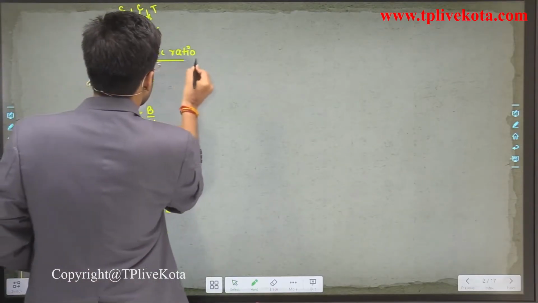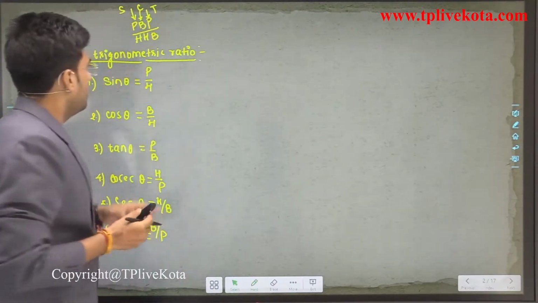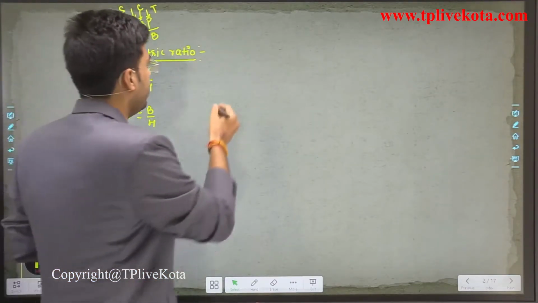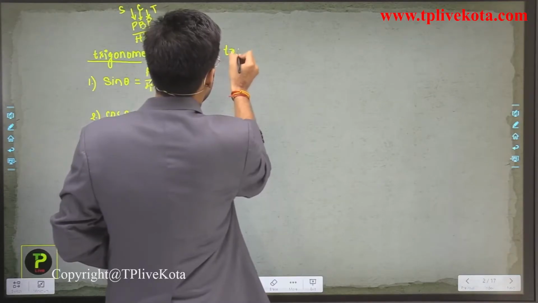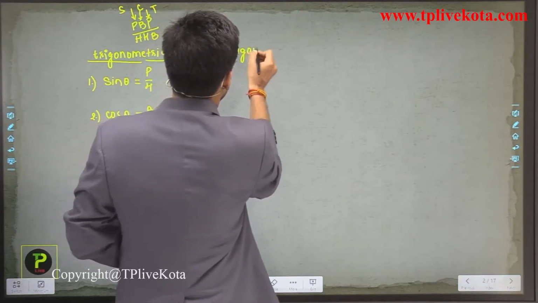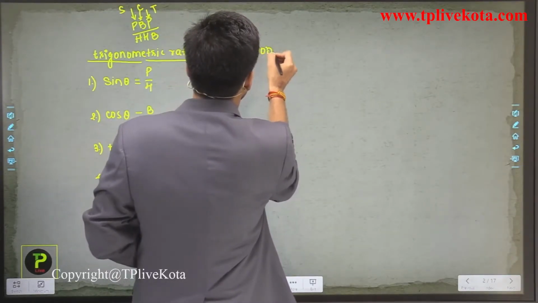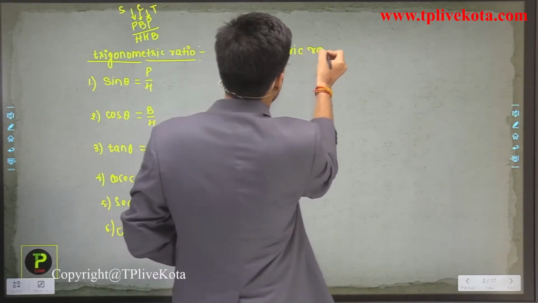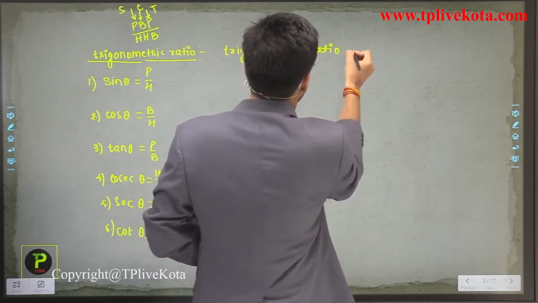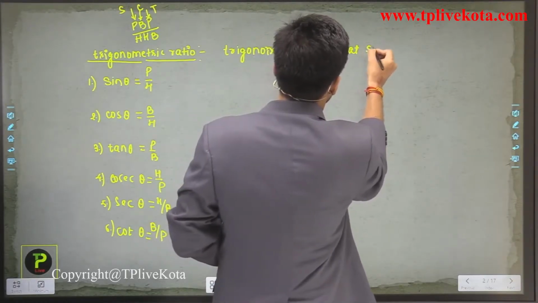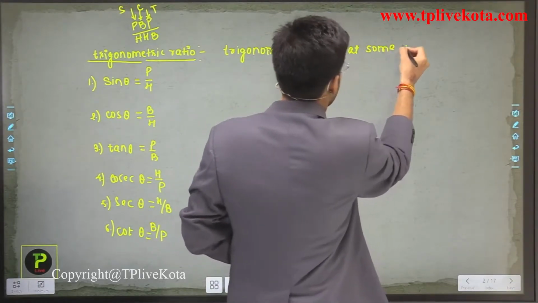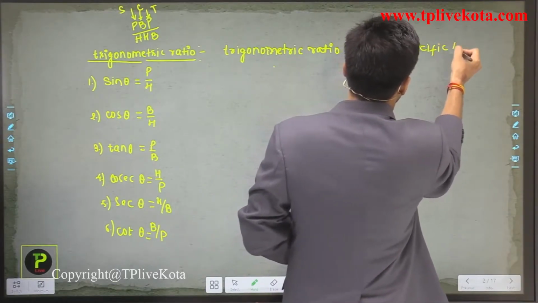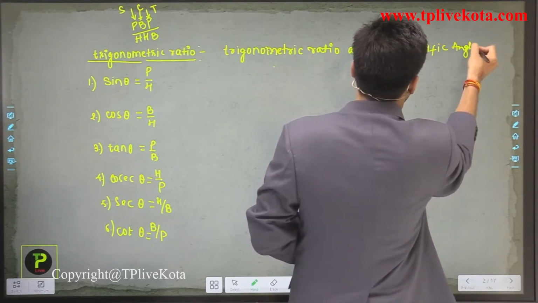And students, in this chapter, other than trigonometric ratios, we have to use the trigonometric ratios at some specific angles.